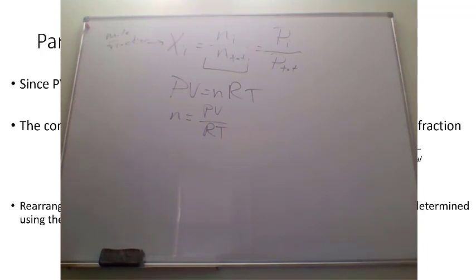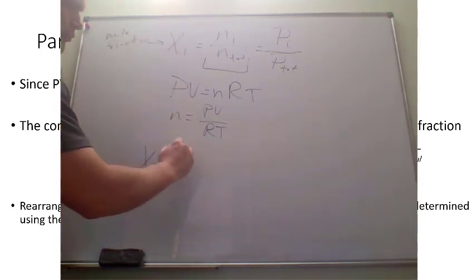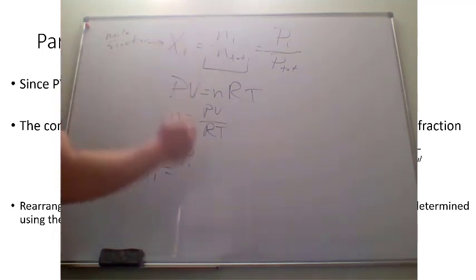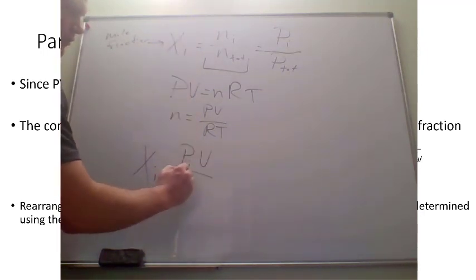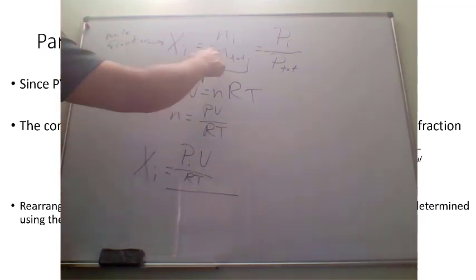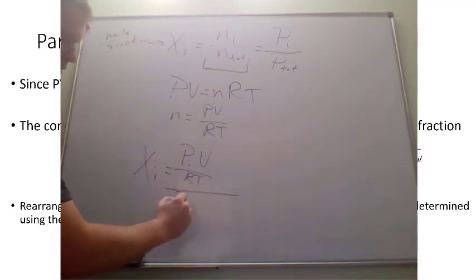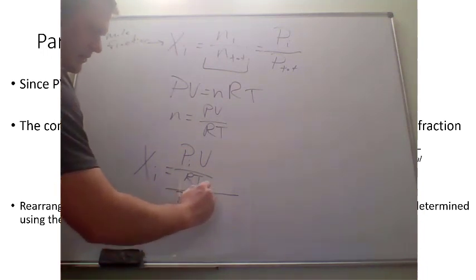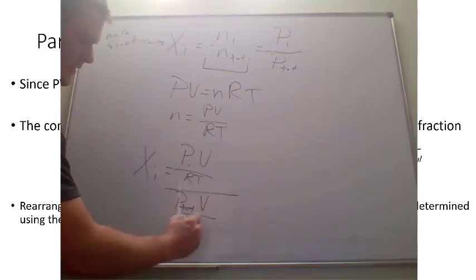Okay, so if we substitute PV over RT for n sub i, we can see that chi is equal to the pressure of our individual gas times volume over RT, over the total pressure times the volume over RT.